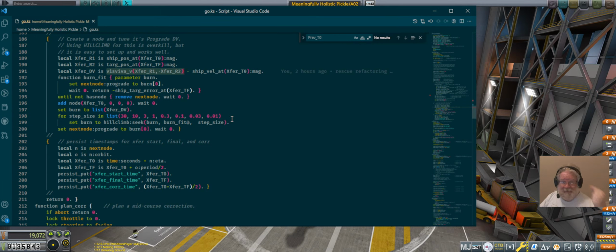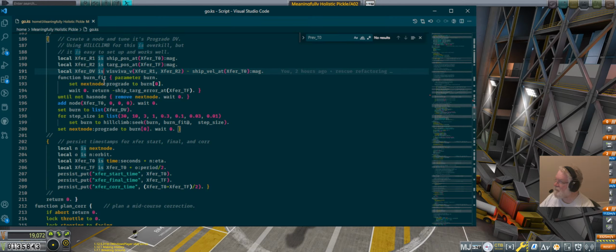What speed actually do we need to be at to be on this orbit? And it's an entirely lateral velocity, so we can take the speed and poke it out the lateral direction. There we go. We're going to assume that our ship's velocity is also lateral, so we're going to subtract off our ship speed. And that's going to be our initial dV. All we need is an estimate here. This doesn't need to be exact.